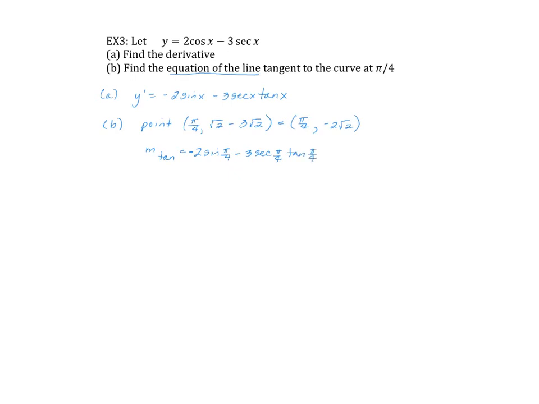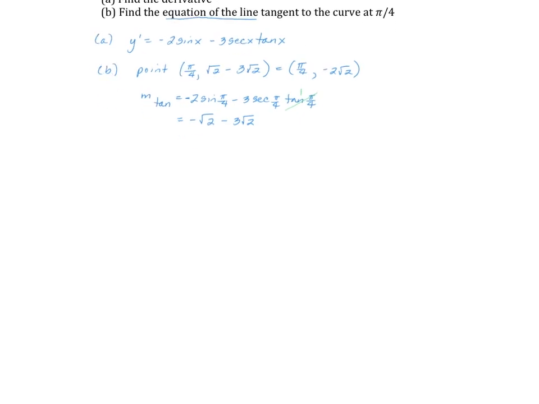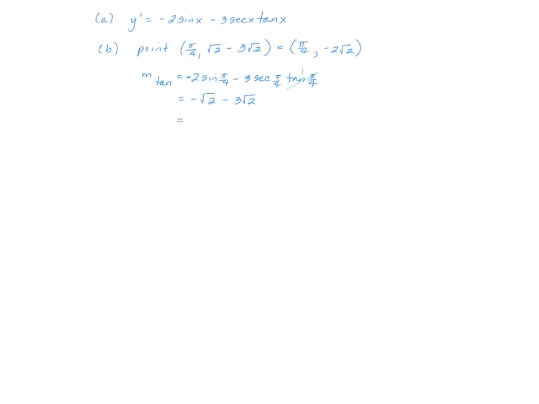So again, we take the derivative, we evaluate it, and tangent of pi over 4 is just 1, so I can kind of ignore that. This is going to be equal to negative 2 times the square root of 2 over 2, which would be negative square root of 2, because the 2's cancel, minus 3 times the square root of 2. And I have negative 4 times the square root of 2.